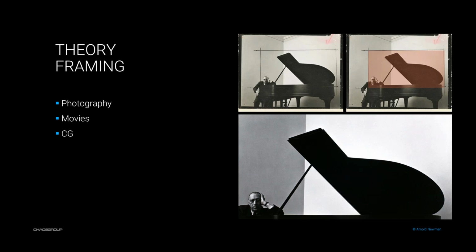On the upper images, we can see the initial photograph without the cropping, and we can see that we have a lot of details which are not necessary, and they distract the attention of the viewer. But after the cropping, we can see that we have only the important objects right here, the artist and the piano. And the piano guides our attention to the artist, and it is a guideline.